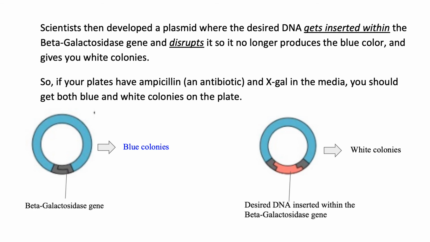The blue colonies would show you that that beta-galactosidase gene is still intact and your desired DNA fragment did not get inserted there. But the white colonies would show you that your desired DNA was inserted in the beta-galactosidase gene and disrupted it, which made it unable to produce the blue color anymore.